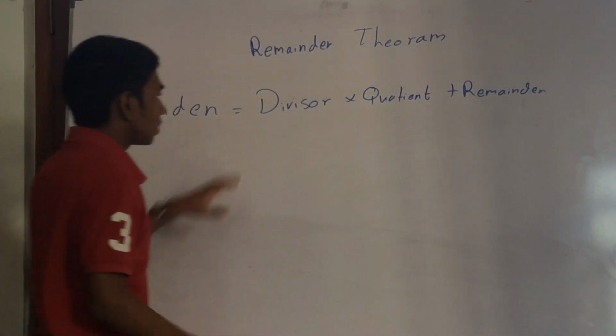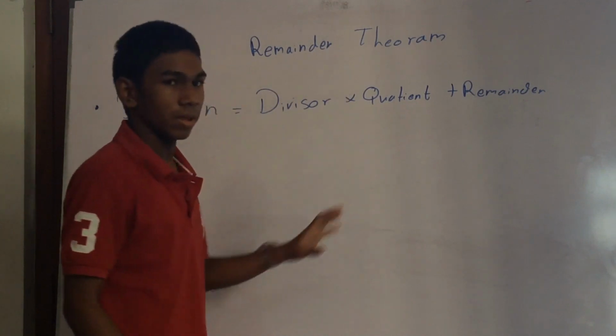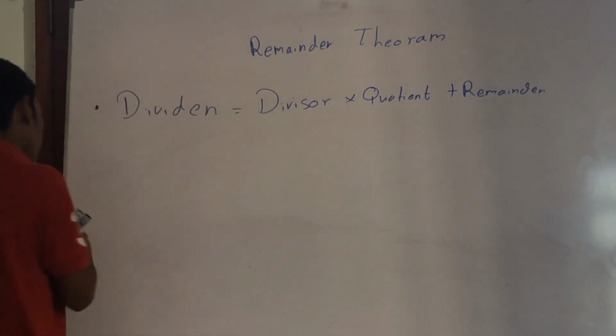You can derive a formula like this, and this should be the theorem. Dividend is equal to divisor into quotient plus remainder. That's the main theorem you should memorize.